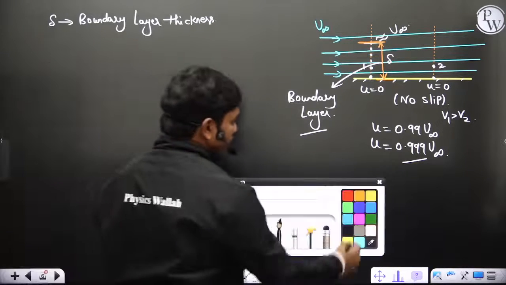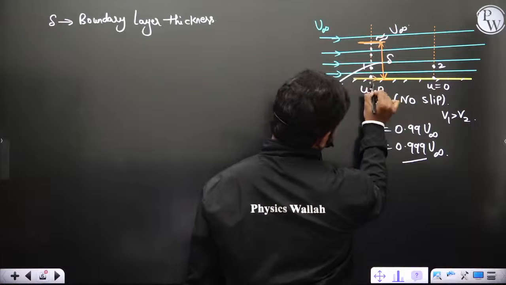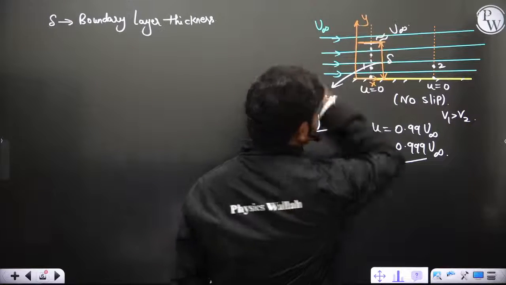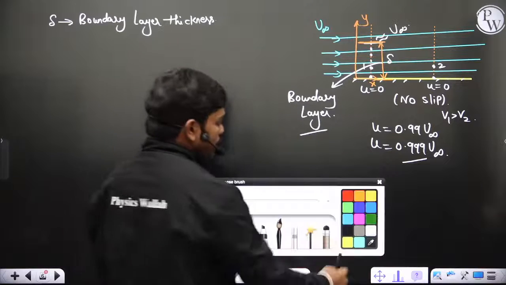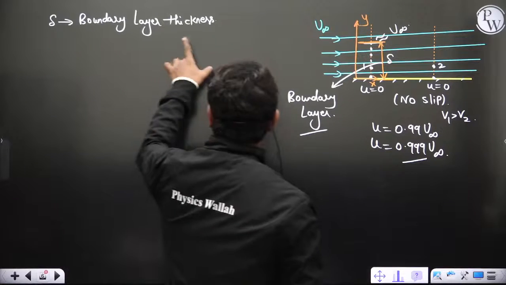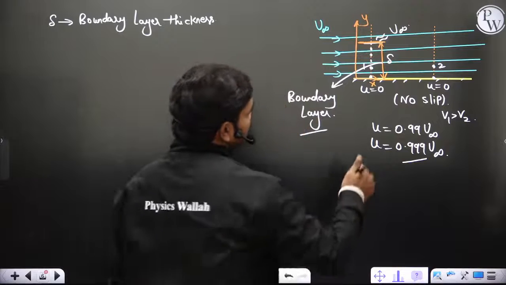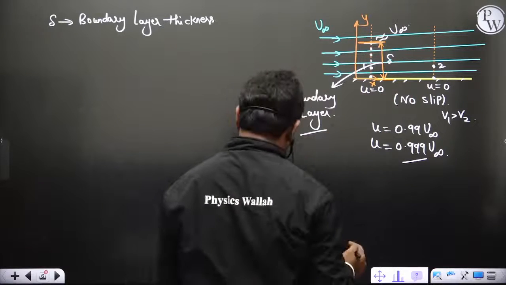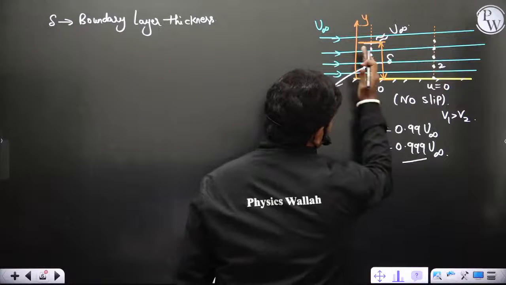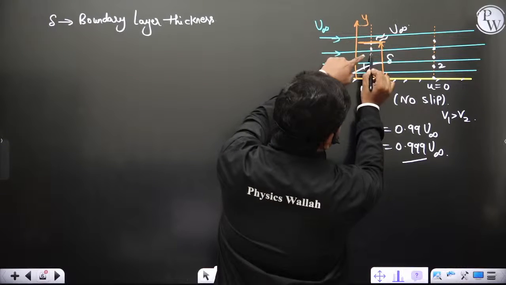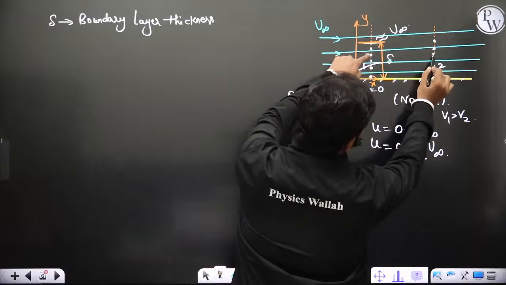Now let us suppose this is the x coordinate and y coordinate. Again we want to analyze certain things, because somebody has asked me what happens to pressure. We'll see that. In this case, delta is called the boundary layer thickness. Tell me one thing: at all these corresponding points, if you take this layer, compared to this the velocity will be less, correct?